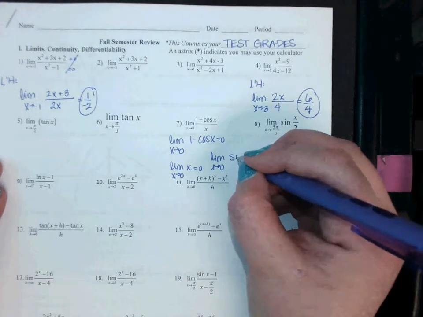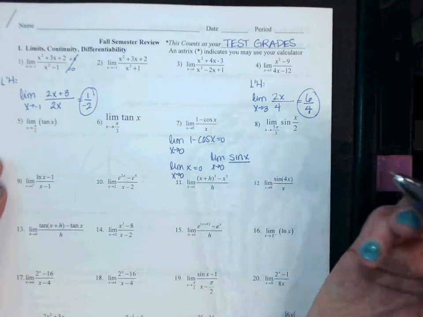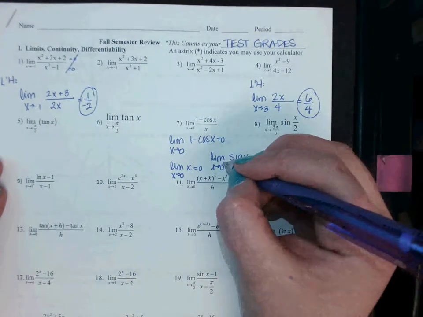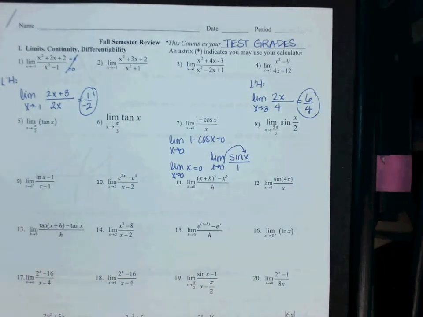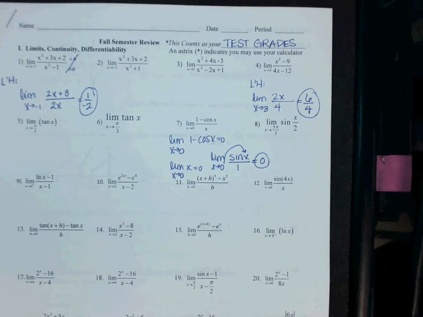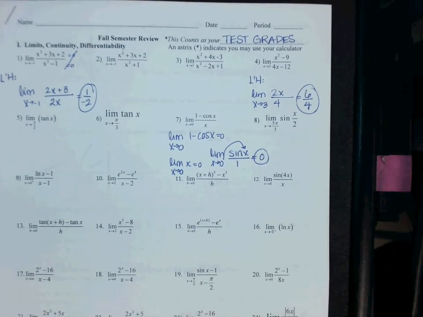Positive sine x. Good job. And then what's the derivative of x on the bottom? 1. And then from there, plug in 0. Sine of 0 is 0. 0 divided by 1 is 0. Why isn't it 1 minus sine? Because the derivative of 1 is 0 since it's a constant.